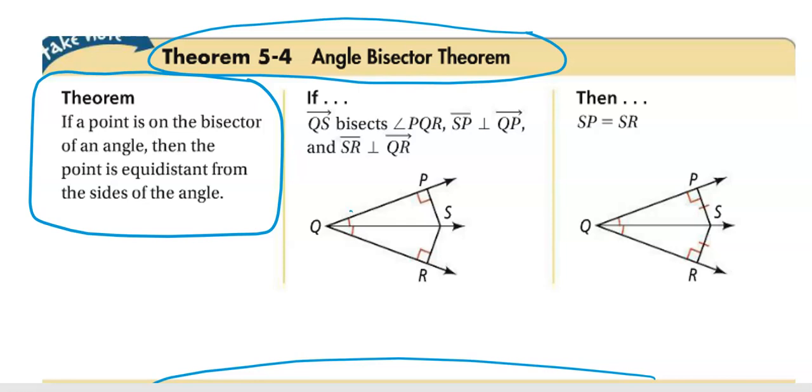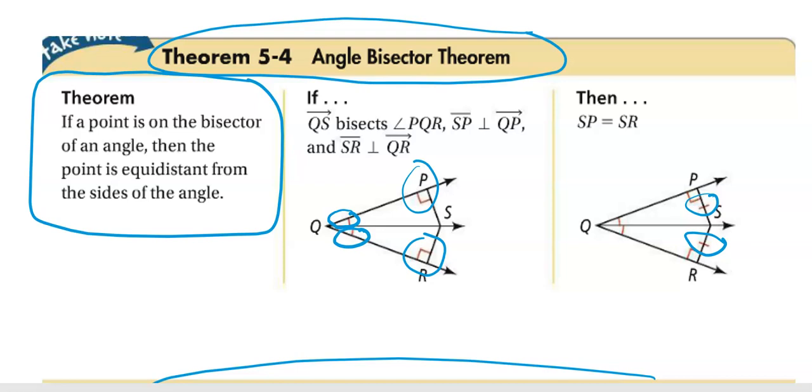So with this one, you know that this little angle right here, those two are the same because it bisects that angle. And you also have these perpendicular lengths. Then you know that this one is the same as that one. Again, if it looks the same right away and you fold it in half, everything else must be the same. That's how I think about it.